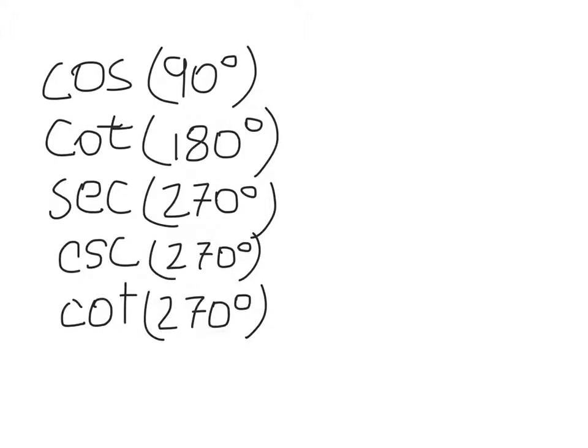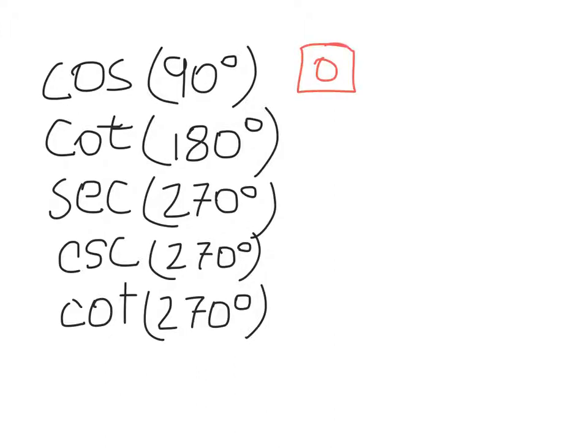But with these, all you need to do is know the reference angle, know the value of it, and then you're good to go. So, here we go. Cosine of 90 degrees. That's a value I just memorize. I know it's 0. Boom. Done.